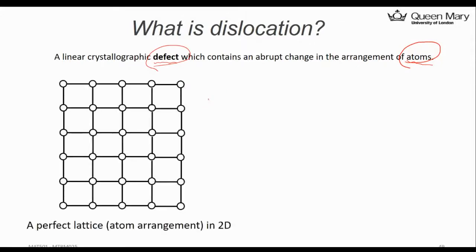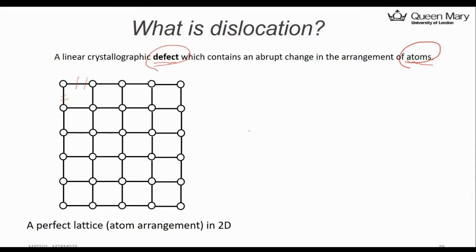What that means is, if you have a perfect lattice, for a cubic in a 2D view, you will see they have perfect bonds with equal distance and form covalent bonds, and they look very regular.